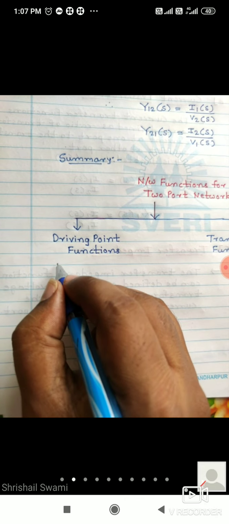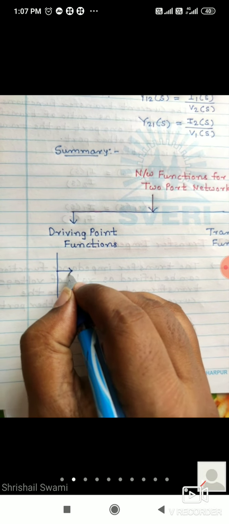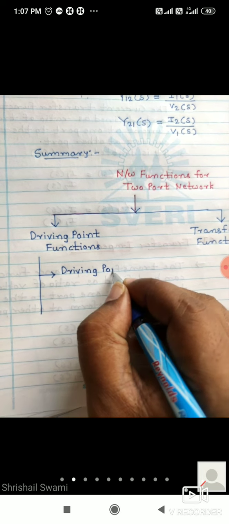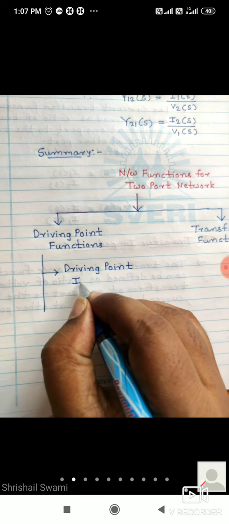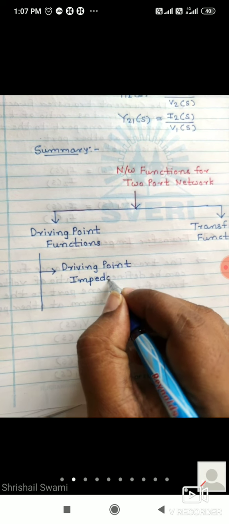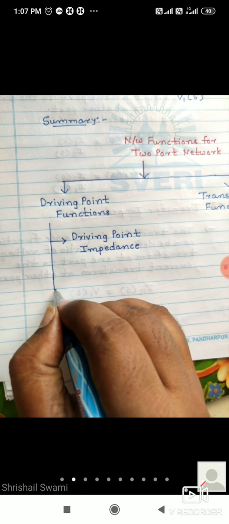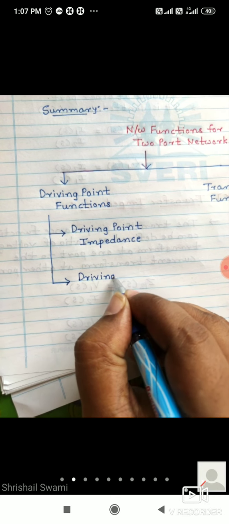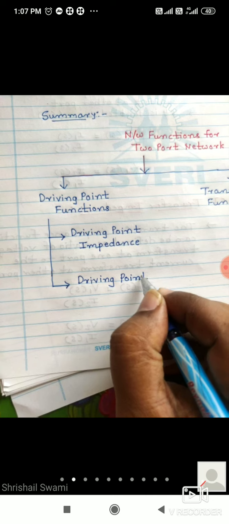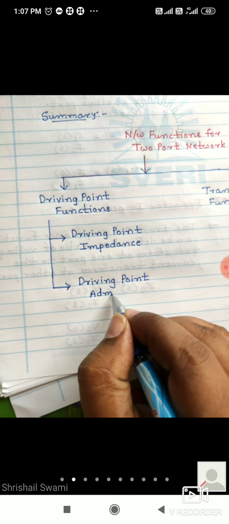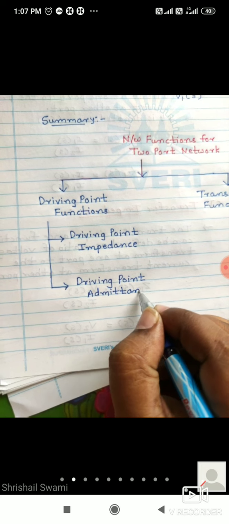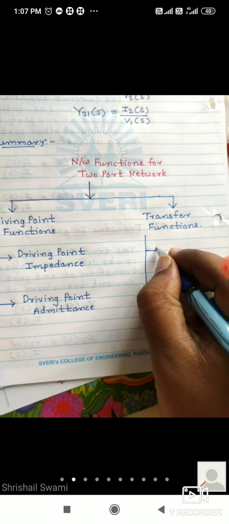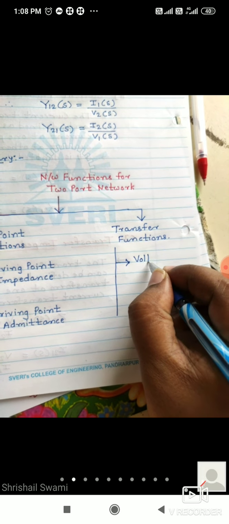Okay, so what comes in driving point function? Two types will come. So first one is driving point impedance. And the second one will be driving point admittance. Okay, so here there will be the four. First one is voltage transfer ratio.